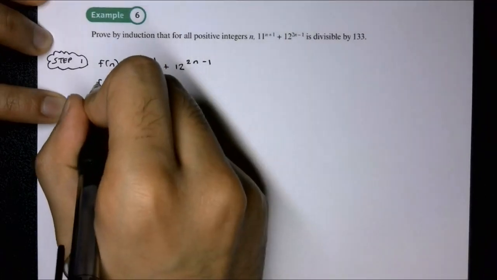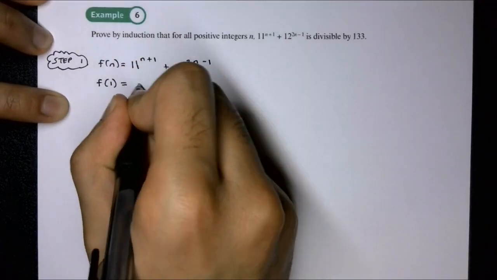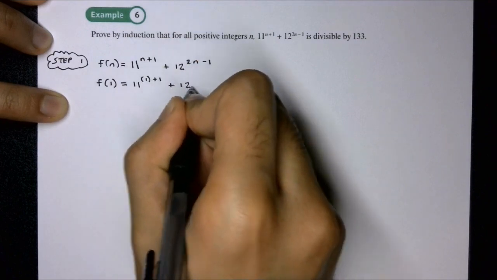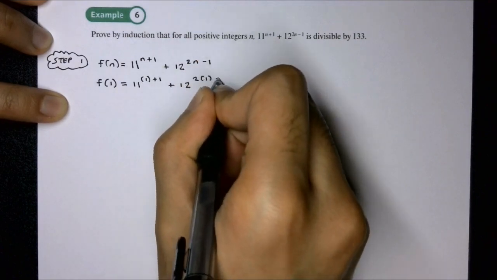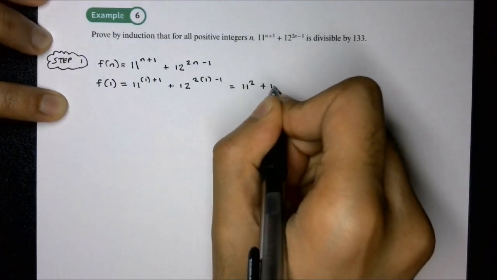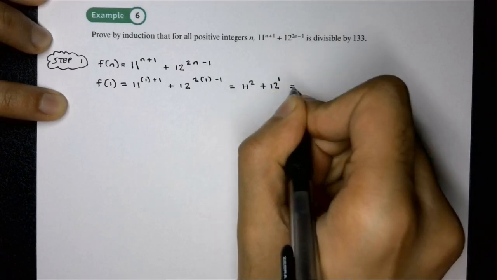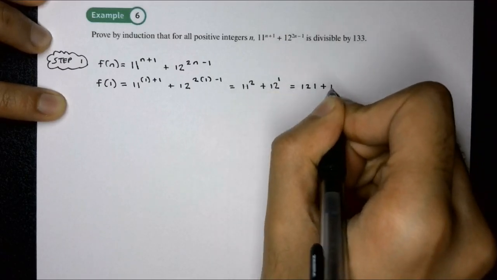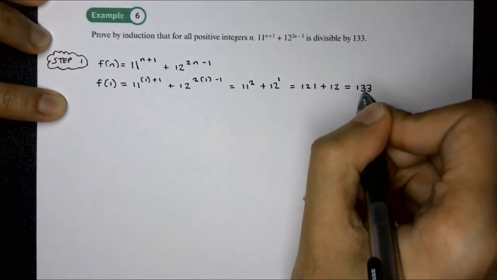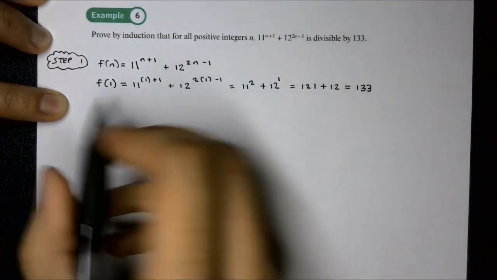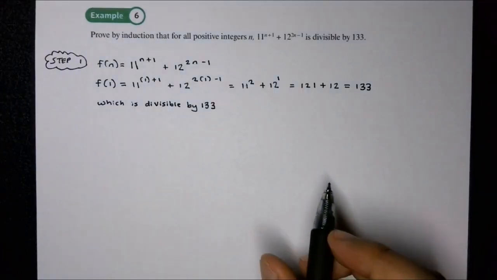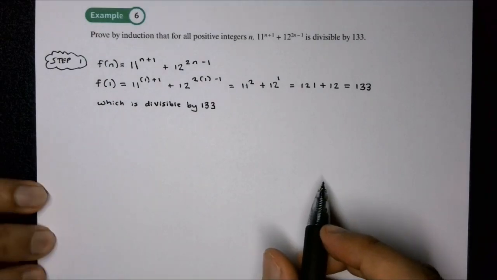So when n is equal to 1, f of 1 is equal to 11 to the power of 1 plus 1 plus 12 to the power of 2 lots of 1 minus 1. We have 11 to the power of 2 plus 12 to the power of 1. 121 plus 12, you'd find that to be 133. 133, that is divisible by 133, as we see over here.